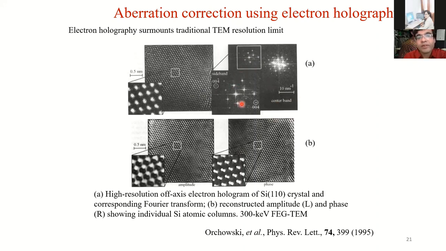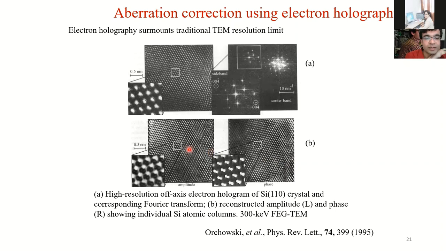When you apply this numerical phase plate to this sideband, you perform an inverse Fourier transform to get a complex wave function. The complex wave function has two parts, a real part and an imaginary part. The real part gives you the amplitude contrast and the imaginary part gives you the phase contrast.